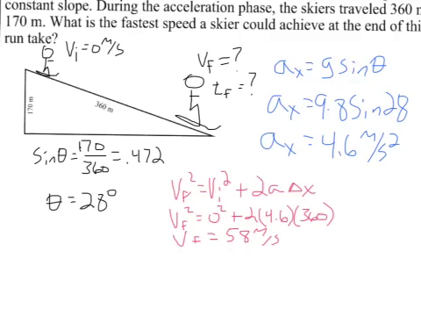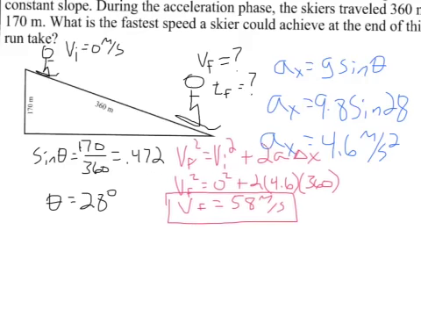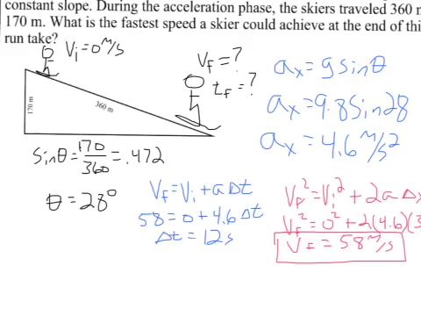So our speed at the bottom of the ramp ends up being this 58 meters per second using our third kinematics equation, and our time at the bottom of the ramp ends up at 12 seconds right there. So this 58 meters per second is about 130 miles per hour. So that's going pretty fast.